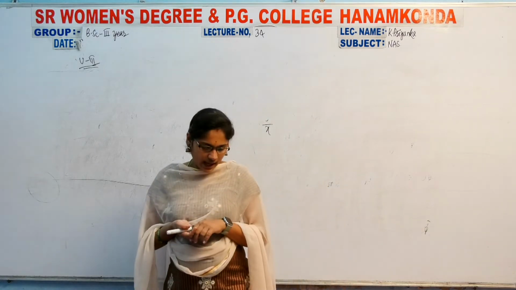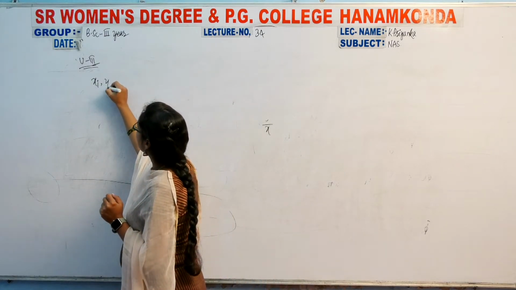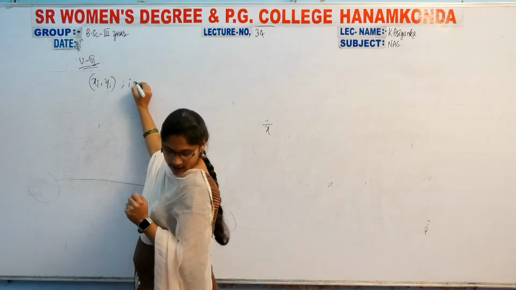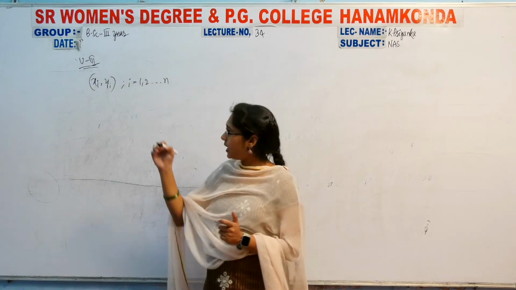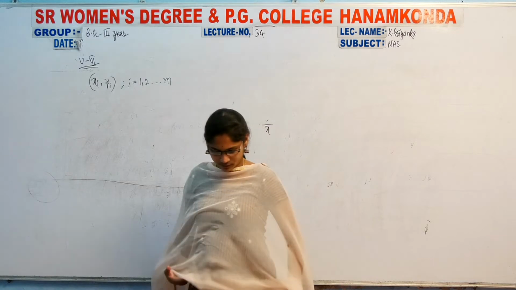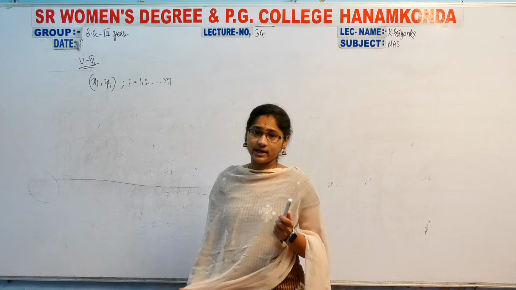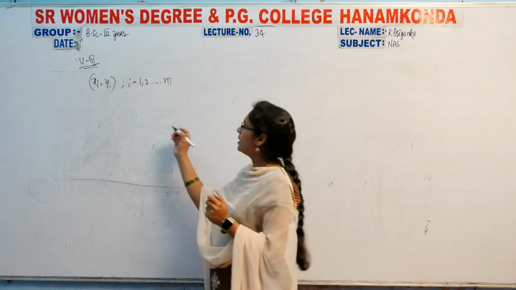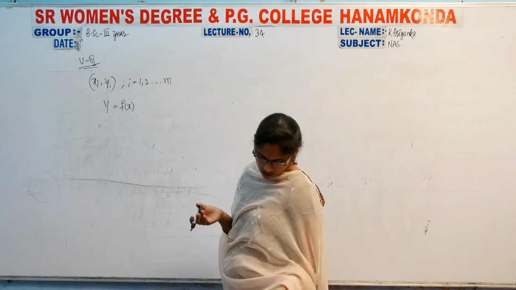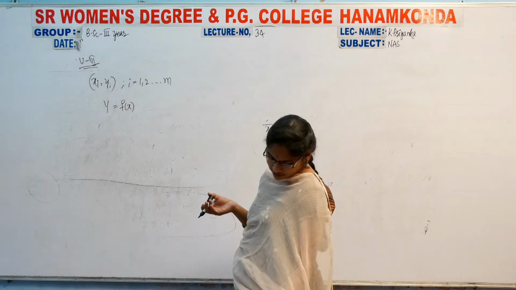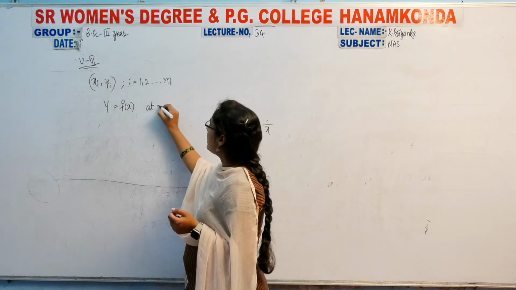Write down: let the set of data points xi, yi, where i runs from 1, 2 and so on up to m, and let the curve given by capital Y is equal to f of x be fitted to this data at x equal to xi.